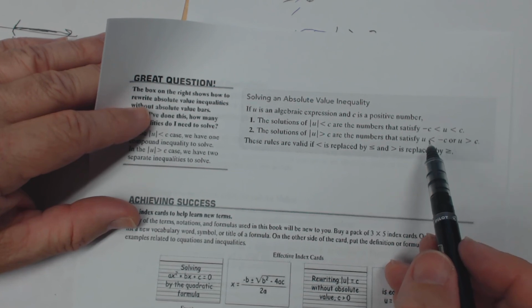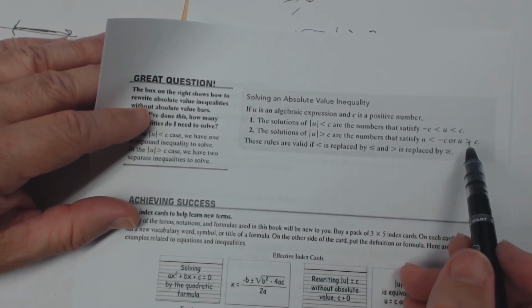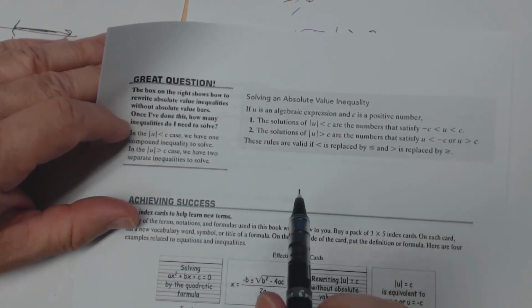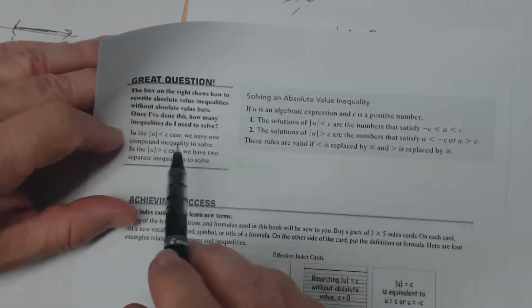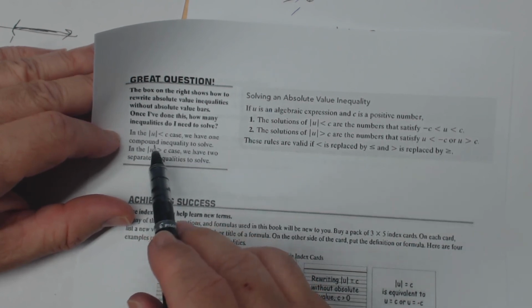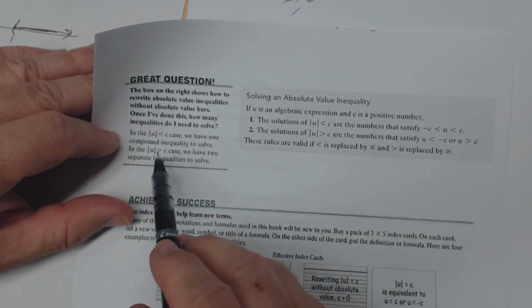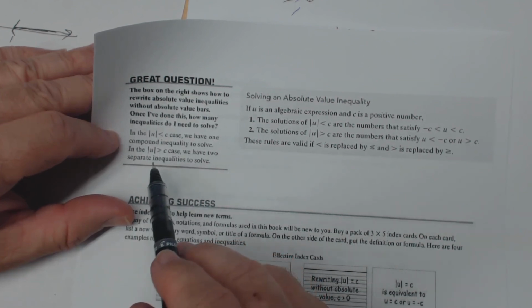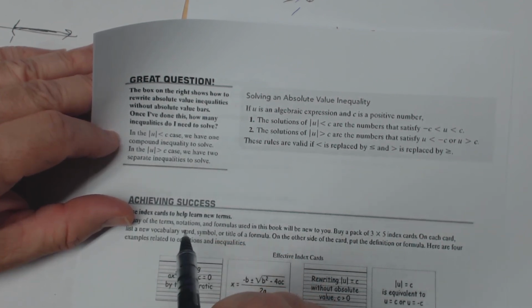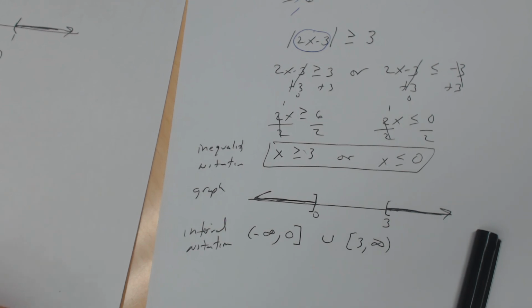One's going to be less than the opposite of c, and the other is going to be greater than c. So remember, absolute value less than, you're going to write as one compound inequality. Absolute value greater than, you're going to write as two separate inequalities. Okay. All right, so that's going to take care of this part, solving absolute value inequalities.